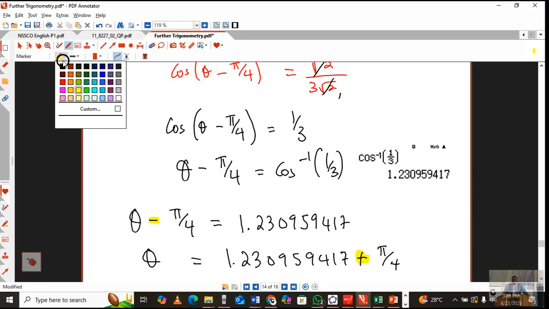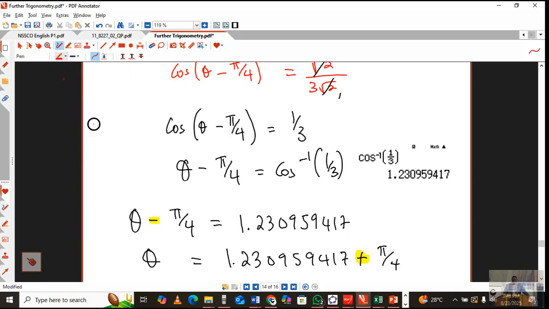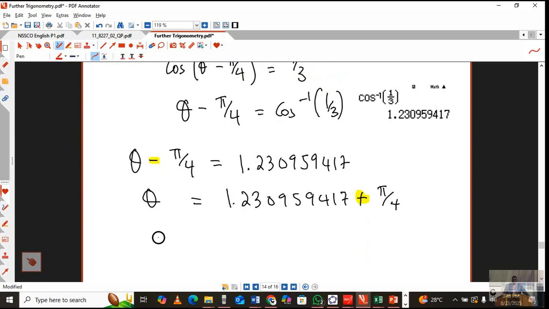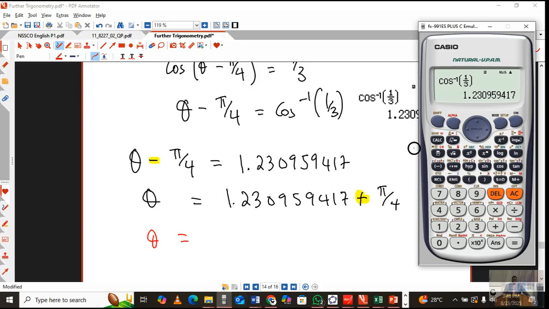At the end of the day, what is theta going to be? Let me grab my calculator, because I don't want to type all of that in. That 1.230 is still in my calculator, so I'm going to just add pi upon 4 to that answer.